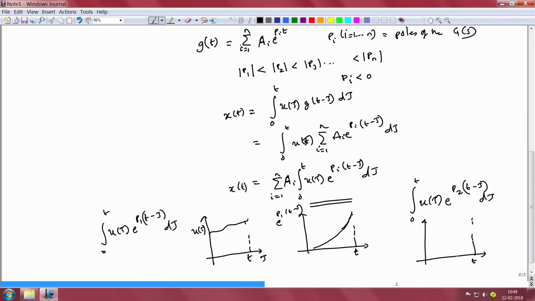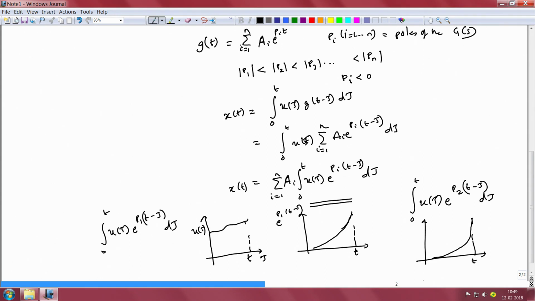Since we have arranged p1, p2 and so on in this particular manner, it would be an exponential function that is decaying much faster than e to the power p1 times (t minus tau). Therefore, you agree with me that if u of tau looks something like this, then in general u of tau times e to the power p2 times (t minus tau) will have much lesser area under the curve compared to u of tau times e to the power p1 times (t minus tau).